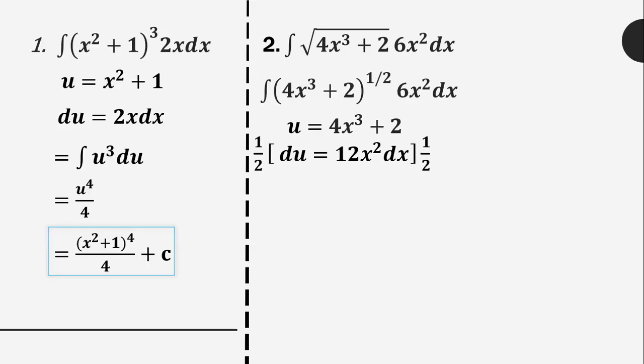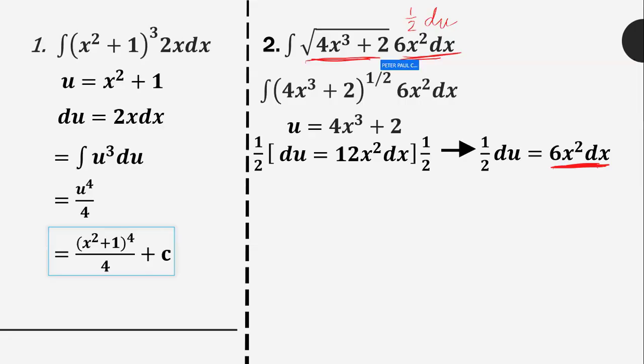So that 1 half times du will be 1 half du. And 1 half of 12 is 6x squared dx. So that becomes 1 half du equals 6x squared dx. Notice that we can now replace this one by 1 half du.